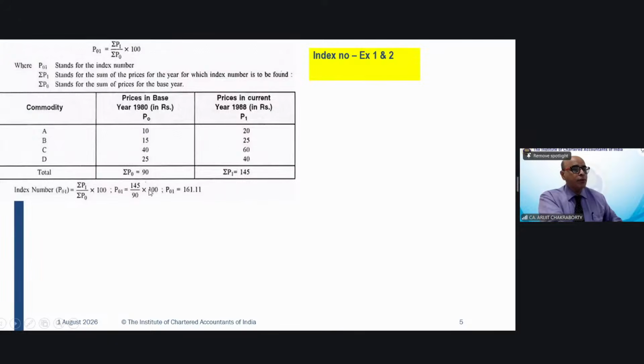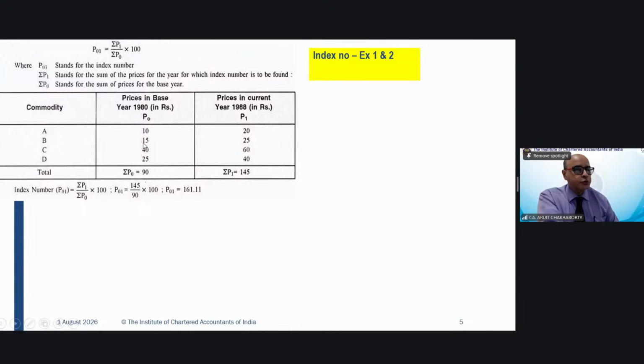In this example, we have taken 4 commodities A, B, C, D, as you can see, and the prices are just for the purpose of illustration. So we have taken the year 1980, and the index is calculated for the year 1988. So the price of the particular commodity A in 1980 was 10.